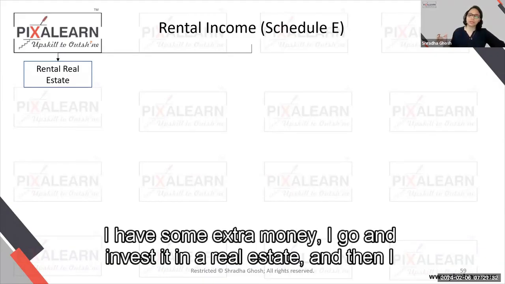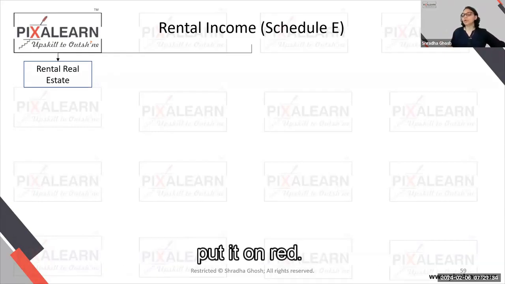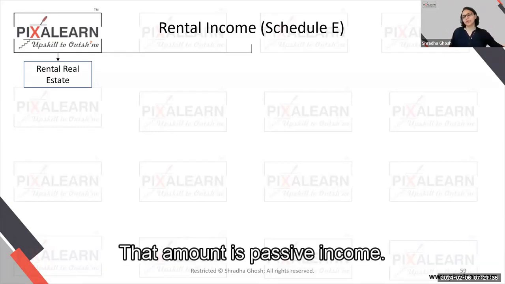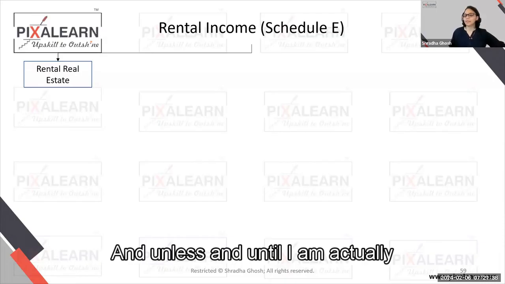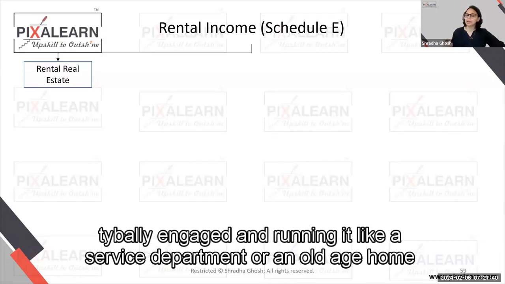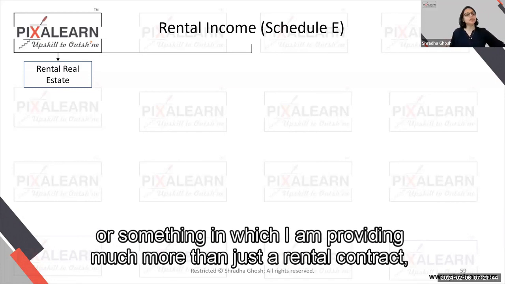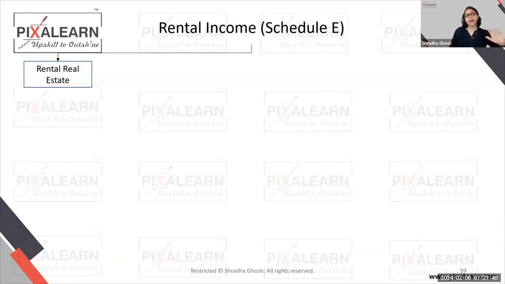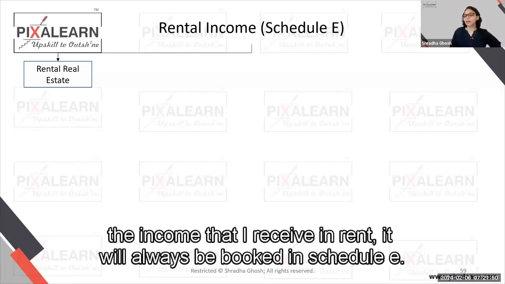I invest it in real estate, and then I put it on rent. That amount is passive income, and unless I'm actively engaged and running it like a service department or an old age home, in which I'm providing much more than just a rental contract, the income that I receive in rent will always be booked in Schedule E.